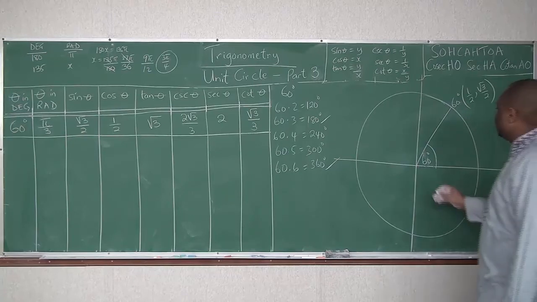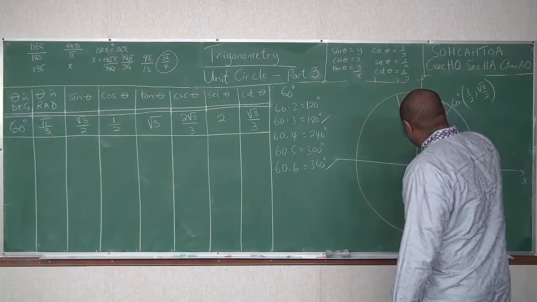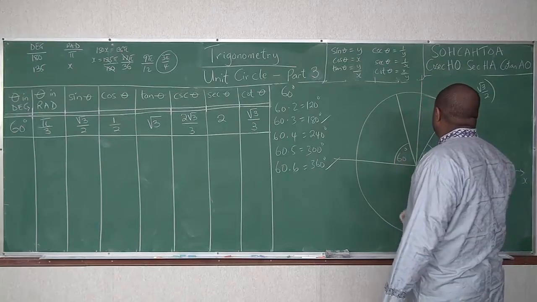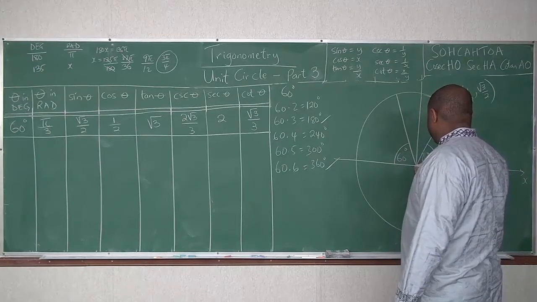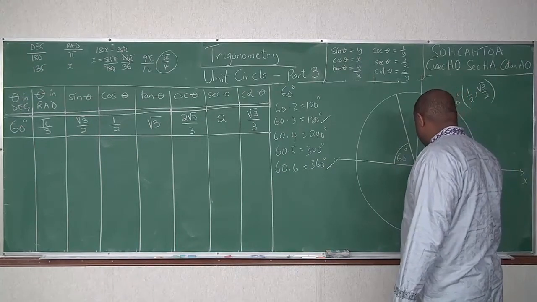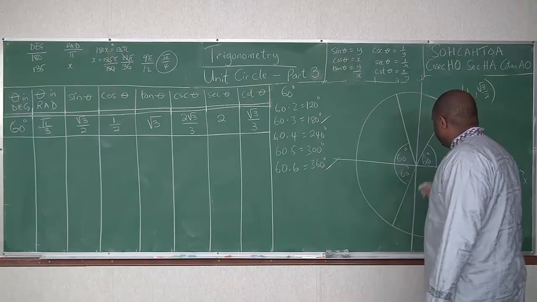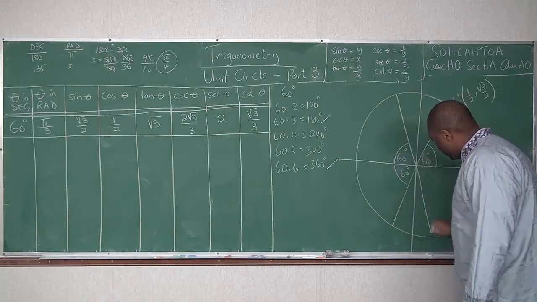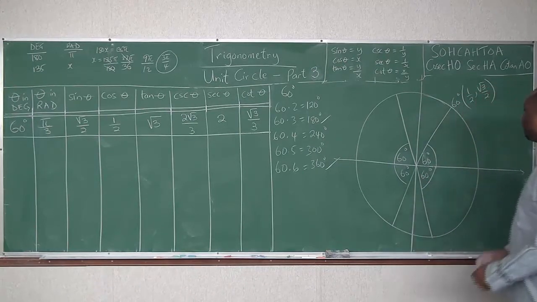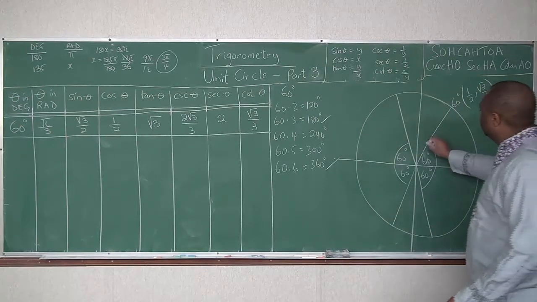All right, let's go ahead and get our reference angles here. This is 60 here. This is 60 here. This is 60 here. Okay? And let's see what these angles are. 60.